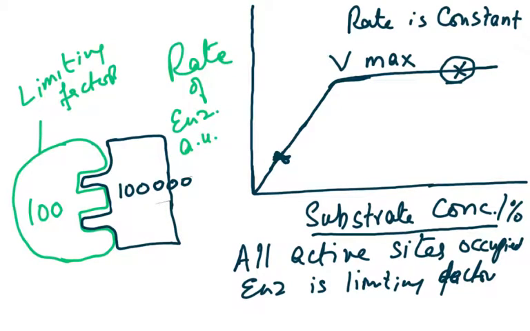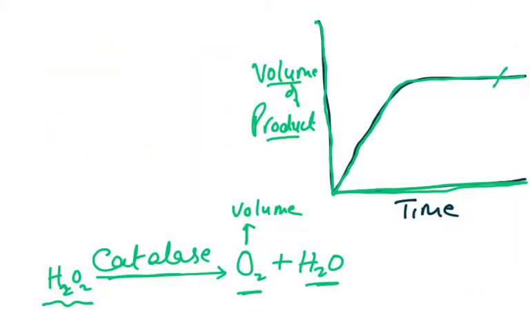Now, this is very much like the previous graph. But here, what is happening at x? Say the volume is 10. Why is the volume of the product remaining 10? The reason is that all the hydrogen peroxide has been used up. So all the substrate has been used up.